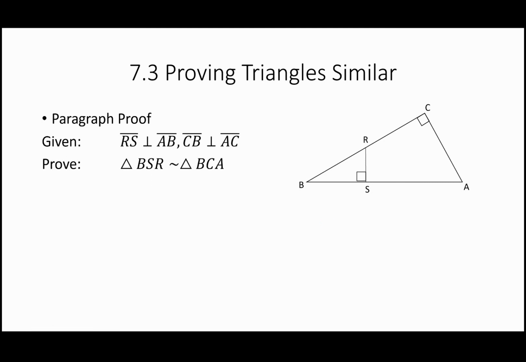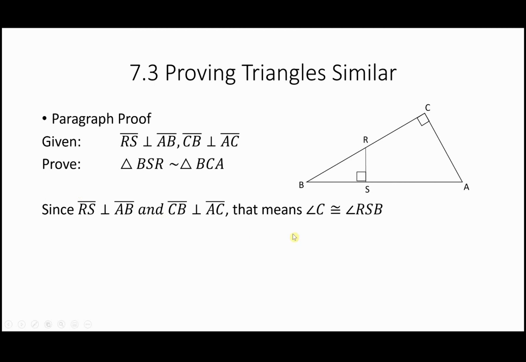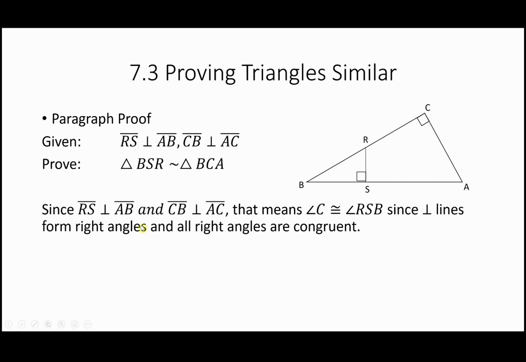Cool. So always start with what you're given, whether it's a chart style proof or a paragraph style proof. So we're going to say, since these lines are perpendicular to each other, that means that angle C and angle RSB are congruent to each other, since perpendicular lines form right angles and all right angles are congruent.